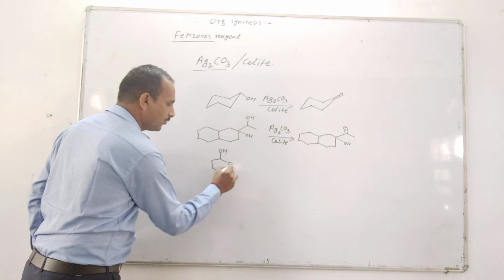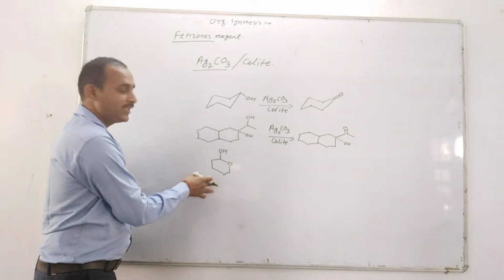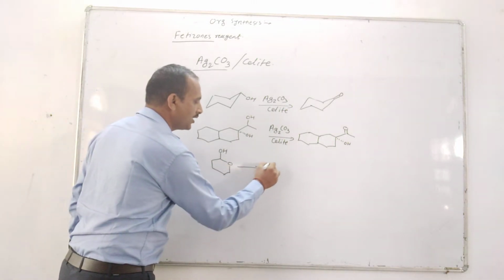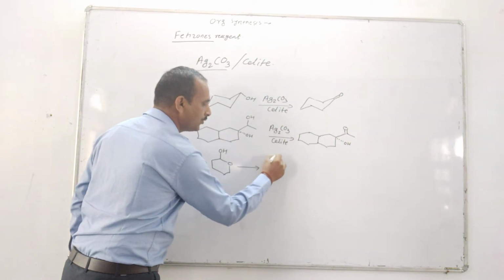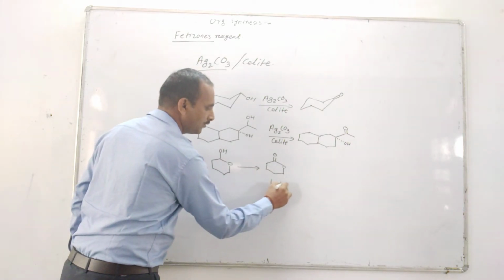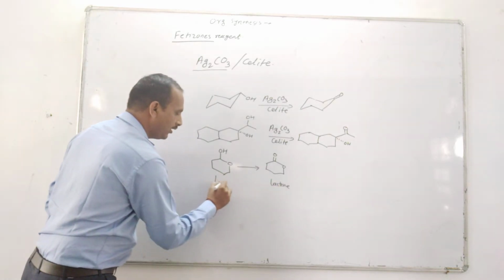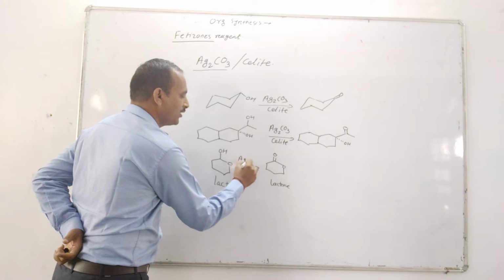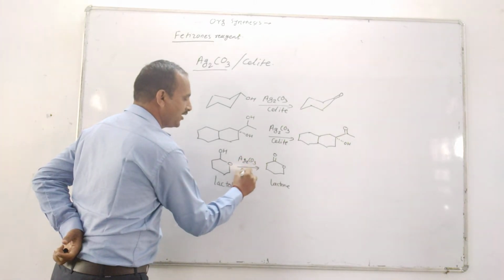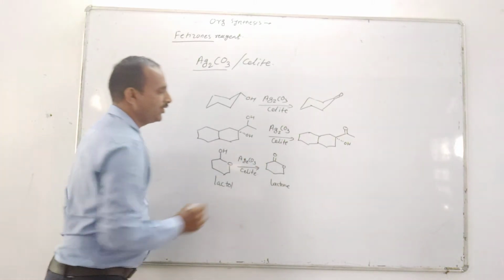lactol. This lactol gets oxidized to lactone. Lactol gets oxidized to lactone by using Petitjohn's reagent. Okay.